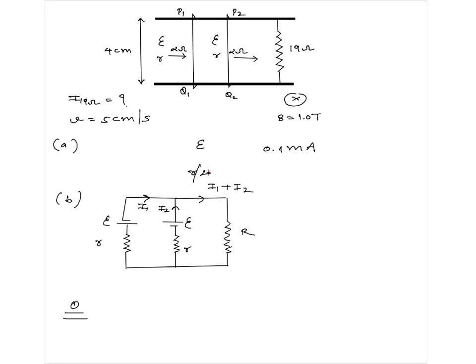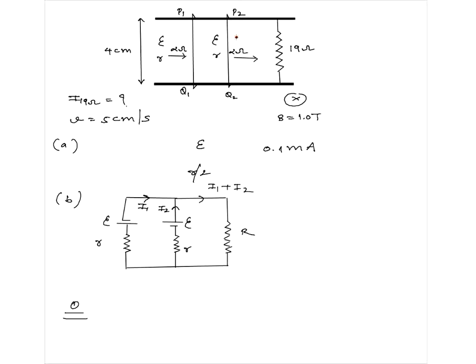One battery E comma R, other battery E comma R. Then the equivalent battery is E comma R by 2. So replace both by a single one with E. In place of 2 ohm, it will be R by 2, 2 by 2, 1.